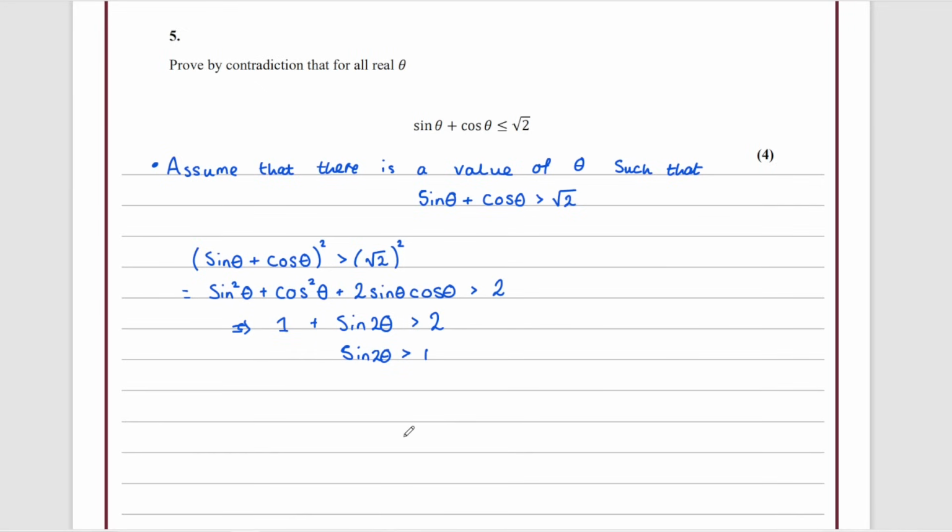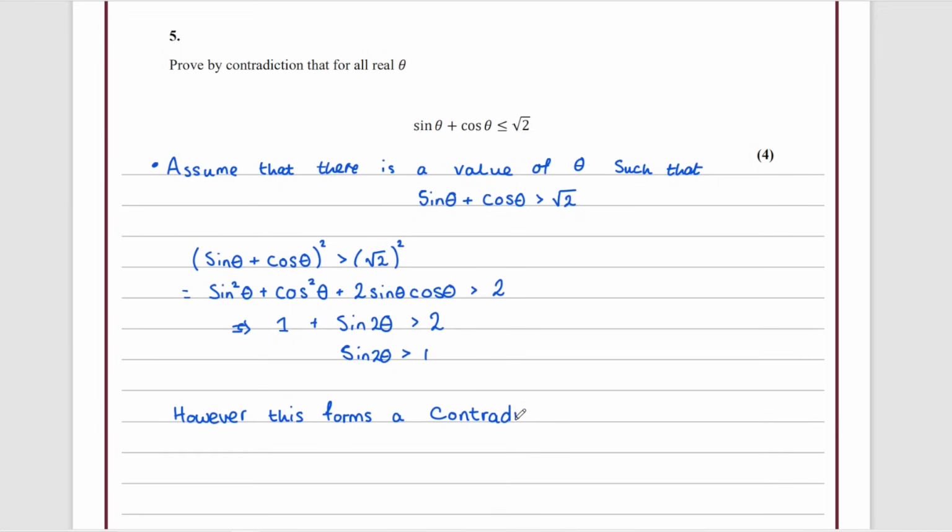However, we have a bit of an issue here because this forms a contradiction, because we know that the sine of any angle must be less than or equal to 1. So we just need to note this here. However, this forms a contradiction. You do need to state this as well.